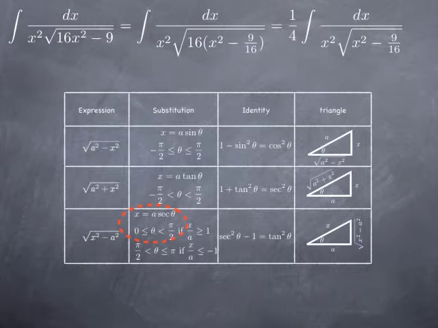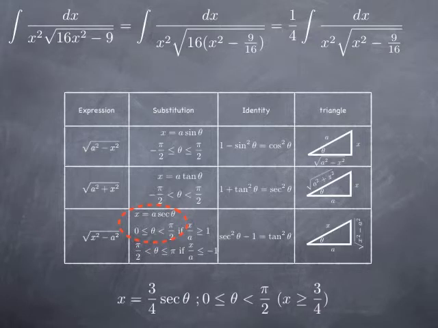So we're going to, in this case, pick the interval theta between 0 and pi over 2, which corresponds to asking x to be greater or equal to 3/4, because that means x over a is greater than 1, and here a is 3/4. Because our a squared is 9/16, that means a is 3/4, and so we take for x 3/4 of secant theta.